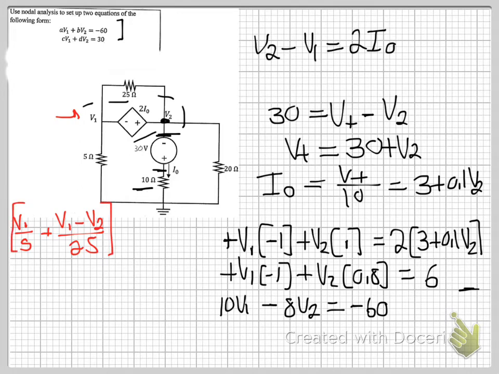That's the side for V1, and then from V2 you've got V2 minus V1 over 25, and you've got V2 over 20.